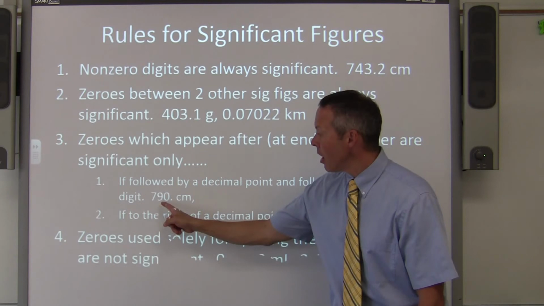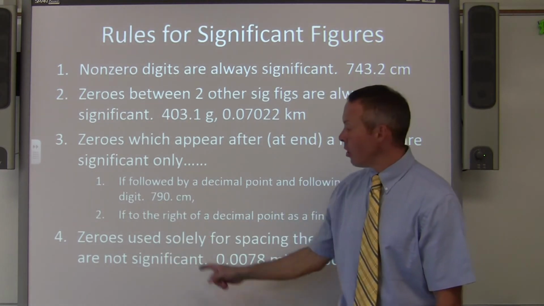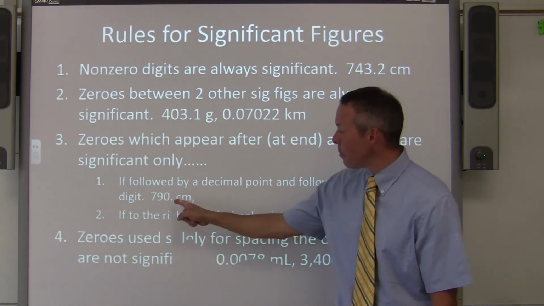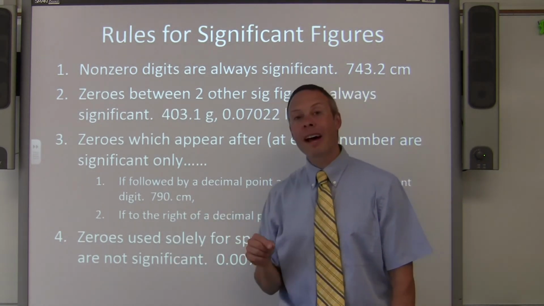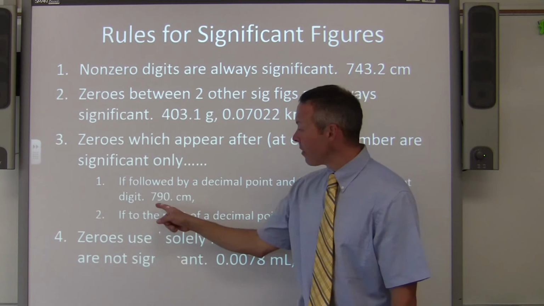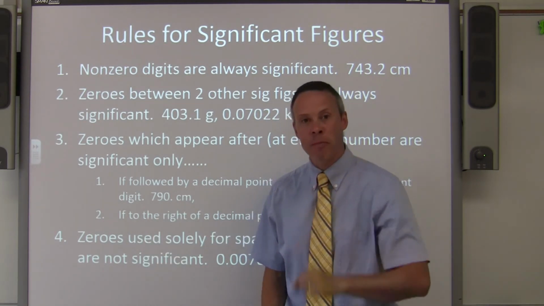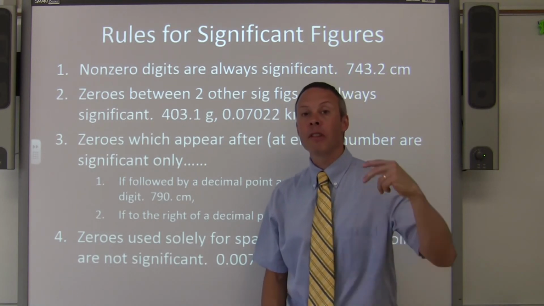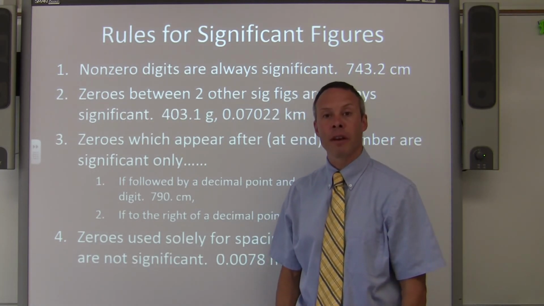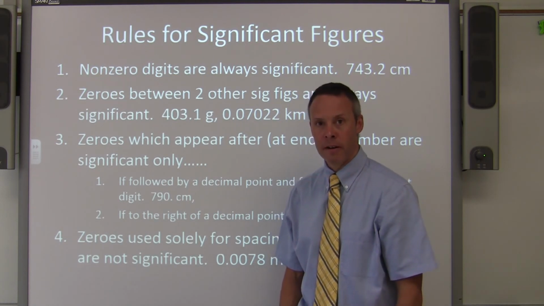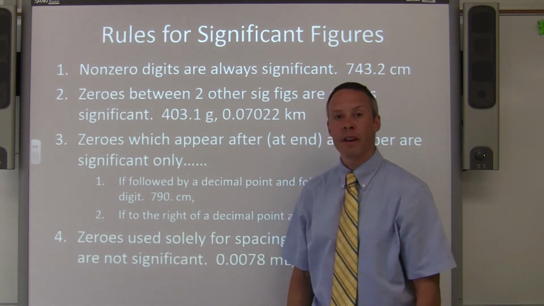So for example, this 0 right here will be significant because it's following the numbers. It's at the end. It's followed by a decimal point. Believe it or not, when you measure precisely, there is a difference between 790 centimeters and 790 decimal point centimeters. Up until this point in your life, you probably thought the two were the same thing. But in terms of measuring, there is a different level of precision there. This value has 3 sig figs.